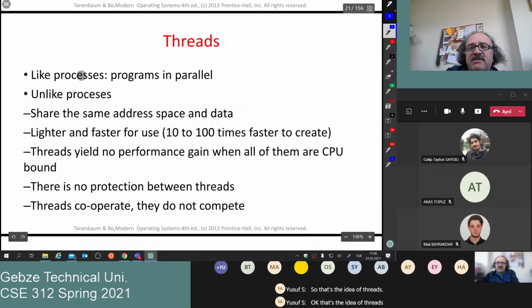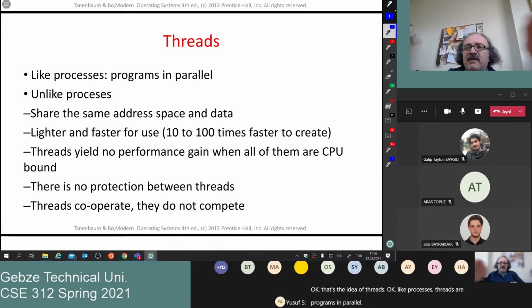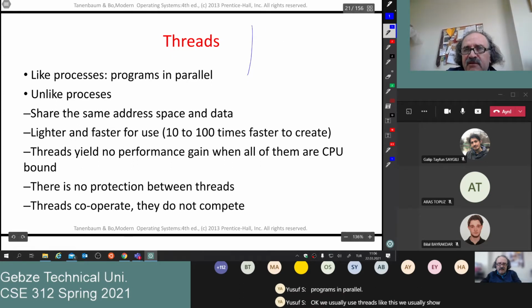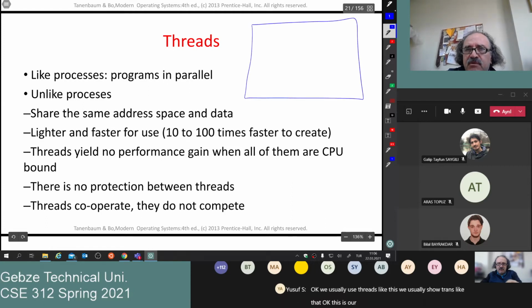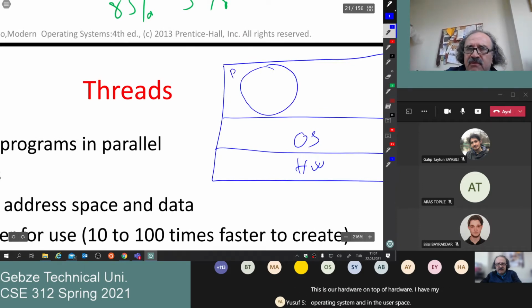Like processes, threads are programs in parallel. We usually show threads like this. This is our computer system. This is our hardware. On top of hardware, I have my operating system, and in the user space, I have my process number 1.